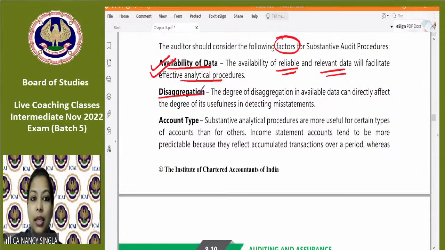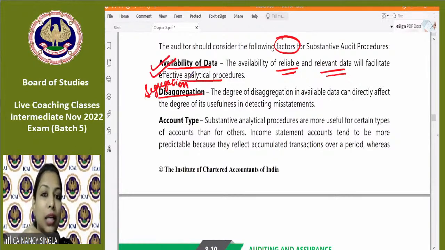disaggregation. Or I can say segregation. Disaggregation means the data is bifurcated. For example, the auditor wants to compare the total of expenses, basically each and every expense, like power and fuel, traveling, wages, with the data of other companies in a similar industry.